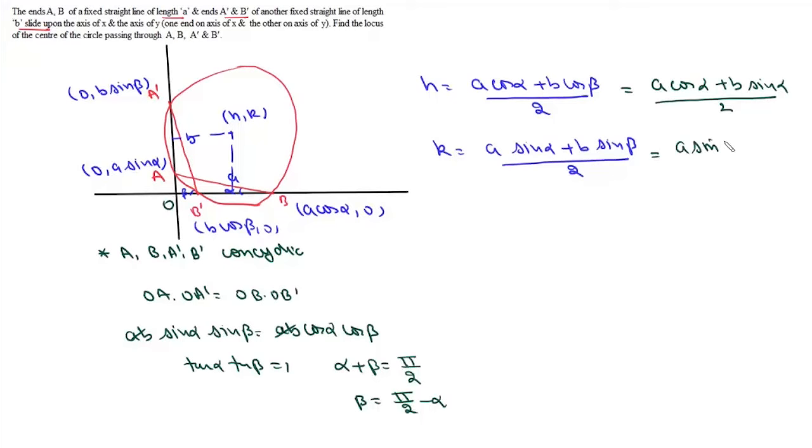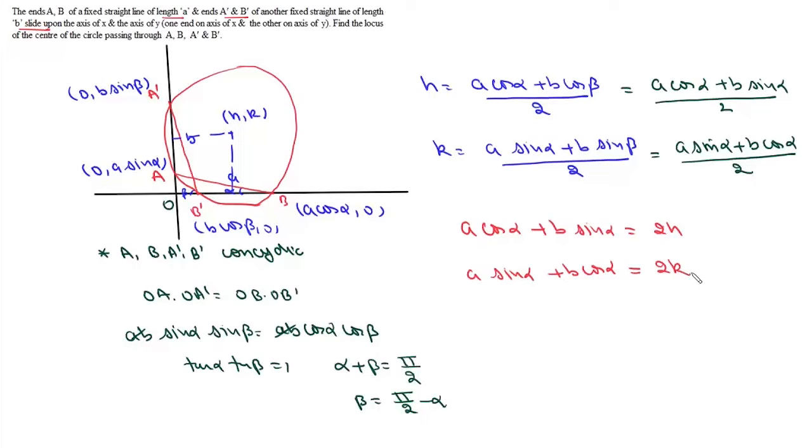So what we'll do is, from this equation we'll find cos alpha and sin alpha. So we'll write A cos alpha plus B sin alpha is equal to 2H, and A sin alpha plus B cos alpha is equal to 2K. Now we'll multiply this first equation with A and second equation with B and subtract.